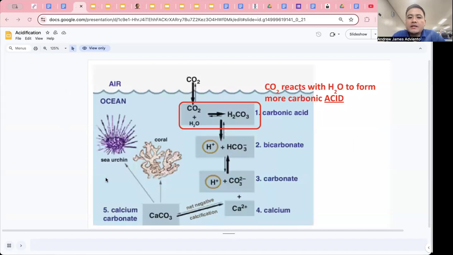So when carbon dioxide enters the ocean, it reacts with water to form carbonic acid, or H2CO3. So carbon dioxide plus water is equal to H2CO3, or carbonic acid. Carbonic acid then dissociates, breaks apart into hydrogen ions and bicarbonate ions.